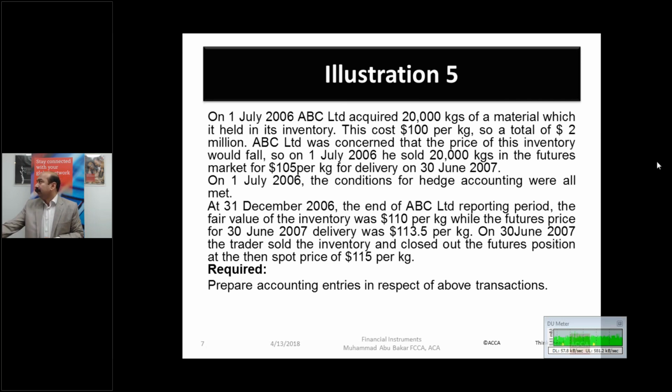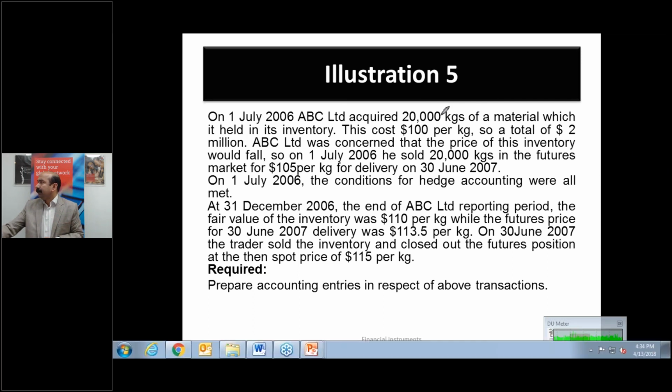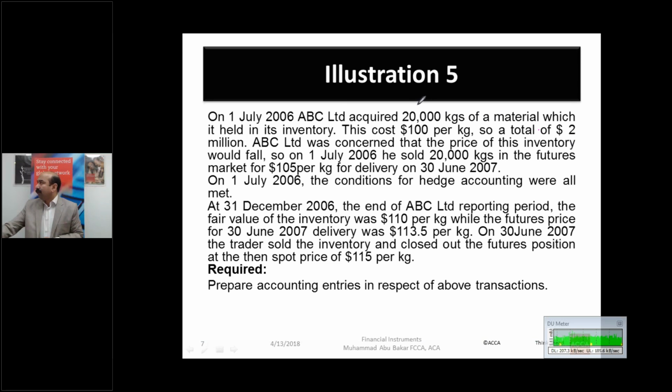Okay, here the value of this stock is basically the item which needs to be hedged. This is the hedged item.